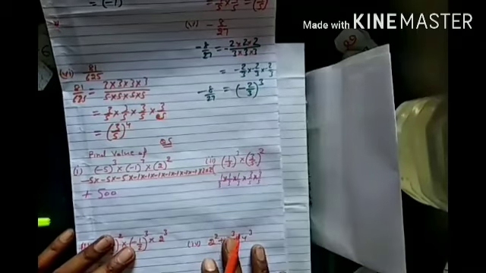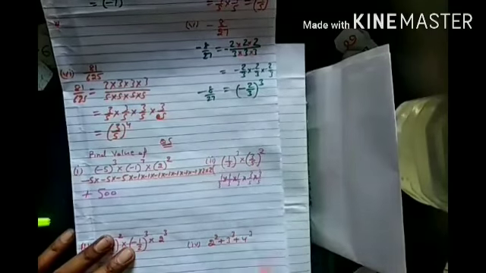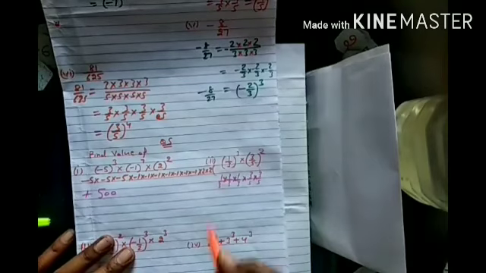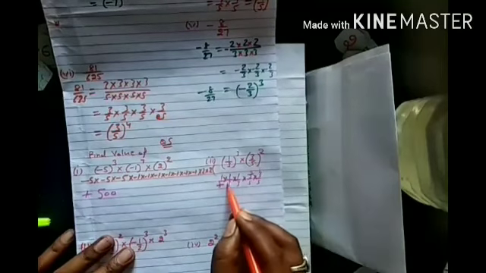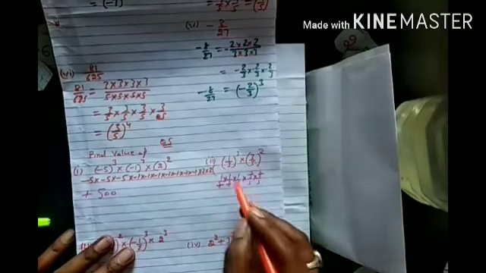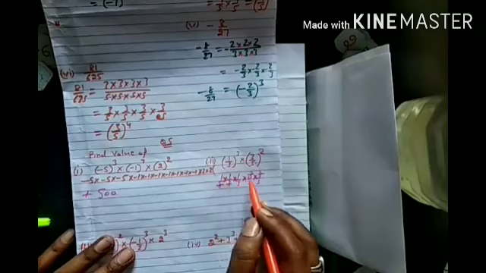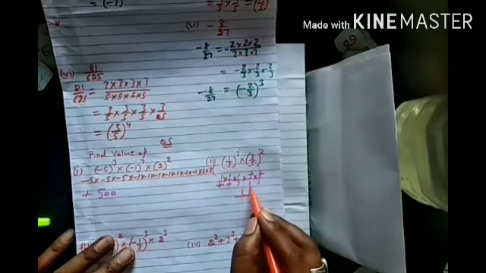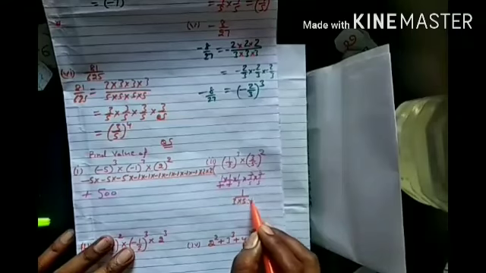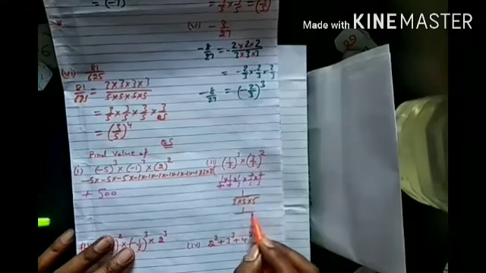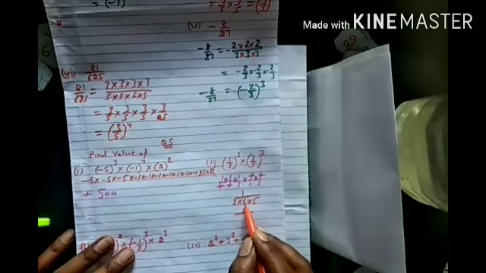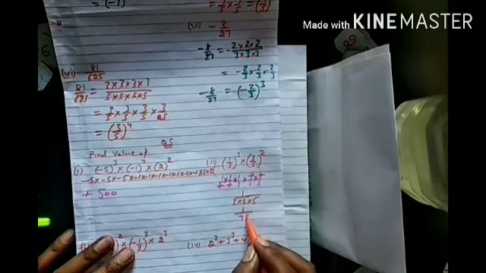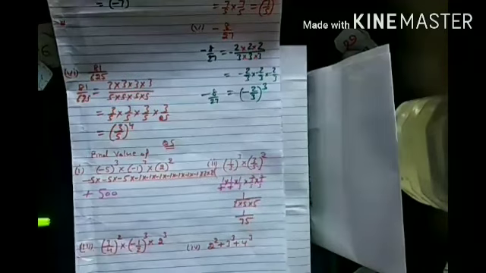We are seeing that 3 and 3 are common in the numerator and denominator. So I will cancel these 3s. Now what is in the numerator? 1 multiply 1 multiply 1, that is 1, and in the denominator 3 multiply 5 is 15, 15 multiply 5, that is 75. Okay.